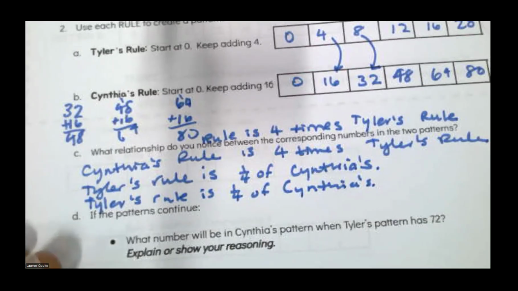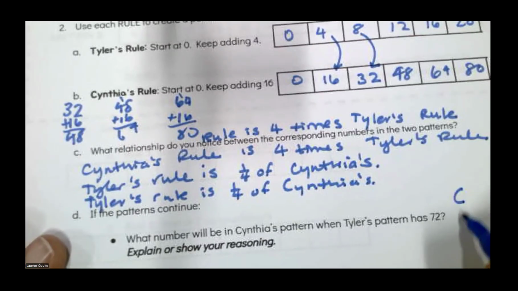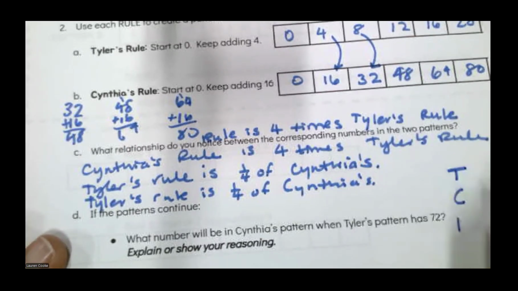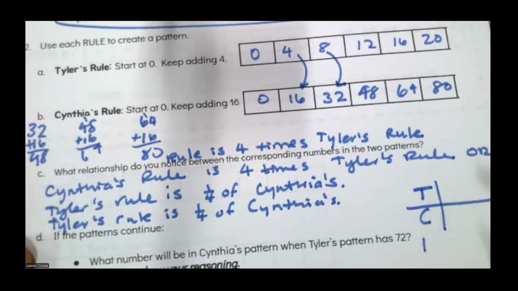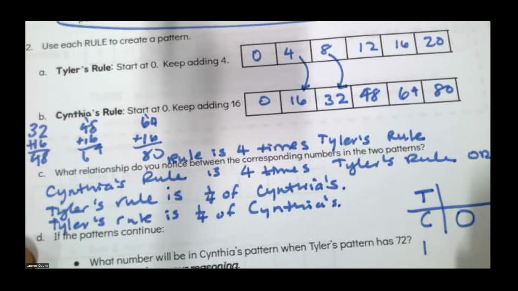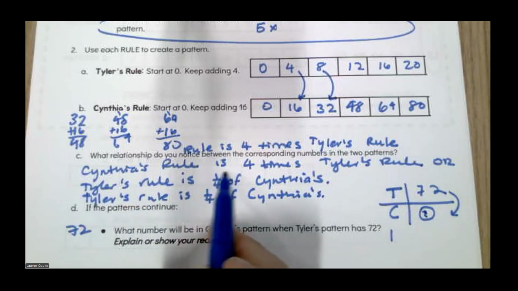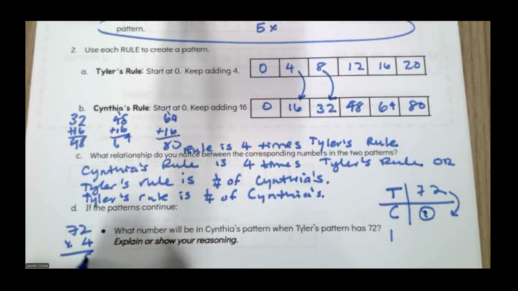If the patterns continue, what number will be in Cynthia's pattern when Tyler has 72? All right, I like to do Tyler, Cynthia, because it's 1/4, and then Cynthia's is missing when Tyler has 72. So if we're going from Tyler, we're going to do 72 times 4, because Cynthia's is 4 times Tyler's rule. 72 times 4 is 288.